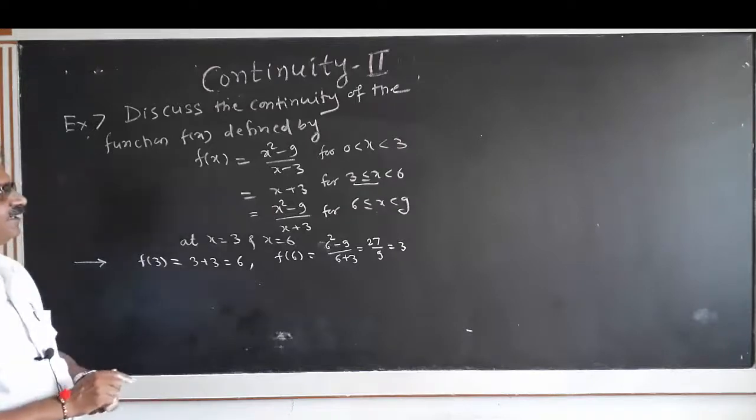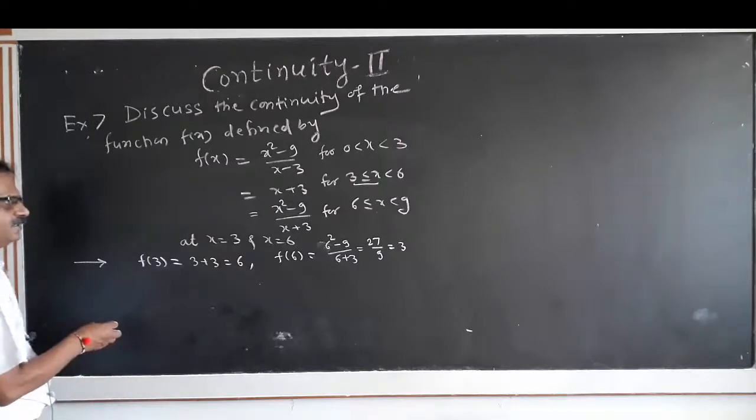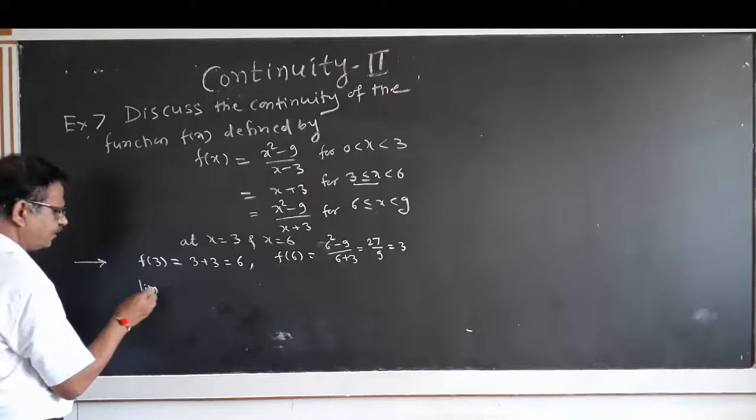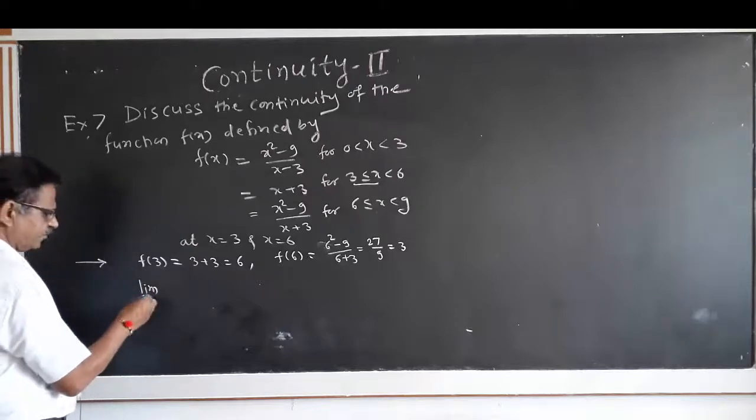Now, we shall find the continuity at x tends to 3 plus and x tends to 3 minus. We shall find the left-hand limit and right-hand limit at x equal to 3.